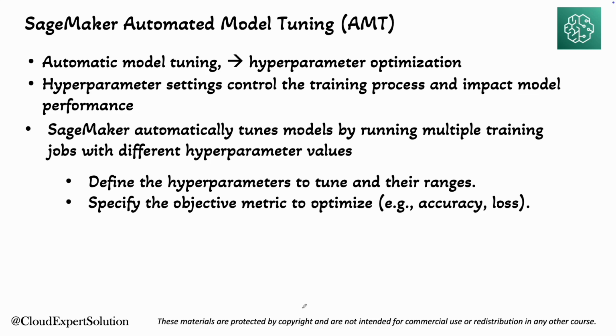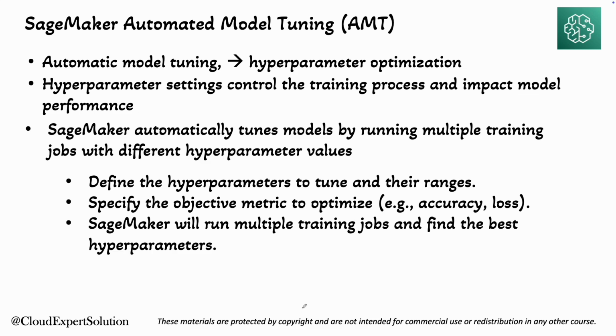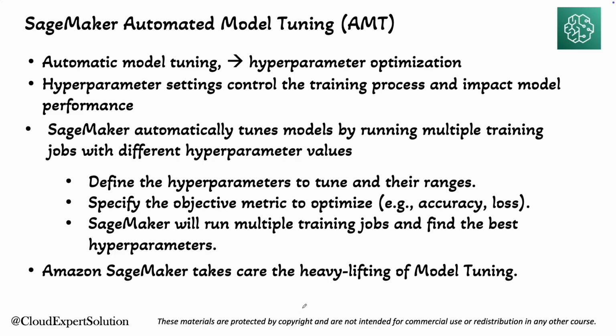Then you need to specify the objective metric to optimize, that is accuracy or loss. Based on these first two steps, SageMaker will run multiple training jobs and find the best hyperparameters for you. The entire process is managed by SageMaker and it allows you to focus on other aspects of your machine learning models.